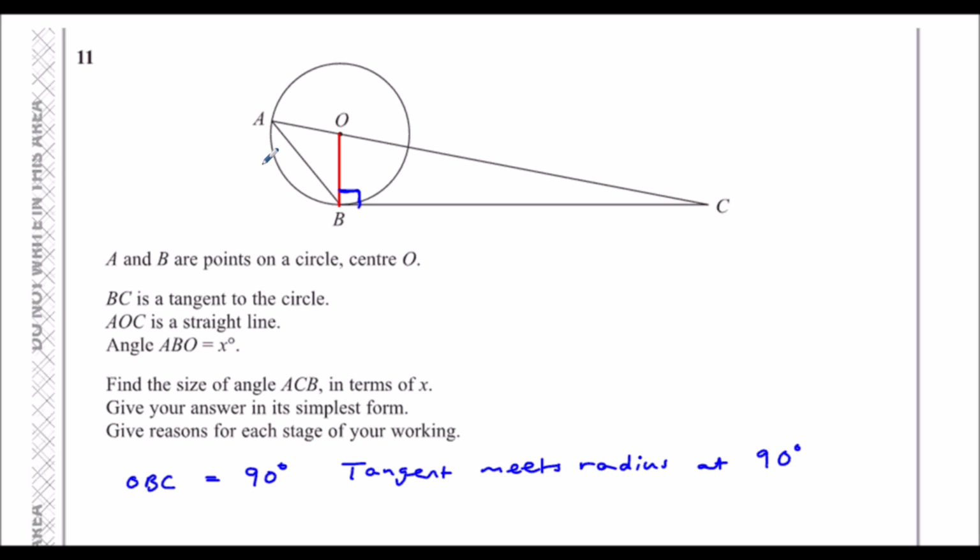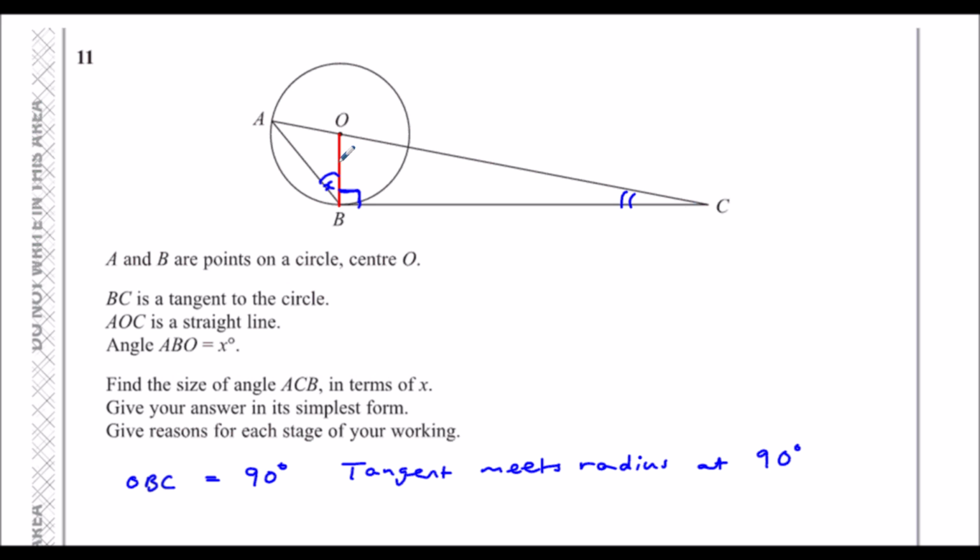So AOC is a straight line. Angle ABO is X. Find the size of ACB in terms of X, and we have to give reasons for each stage of our working.